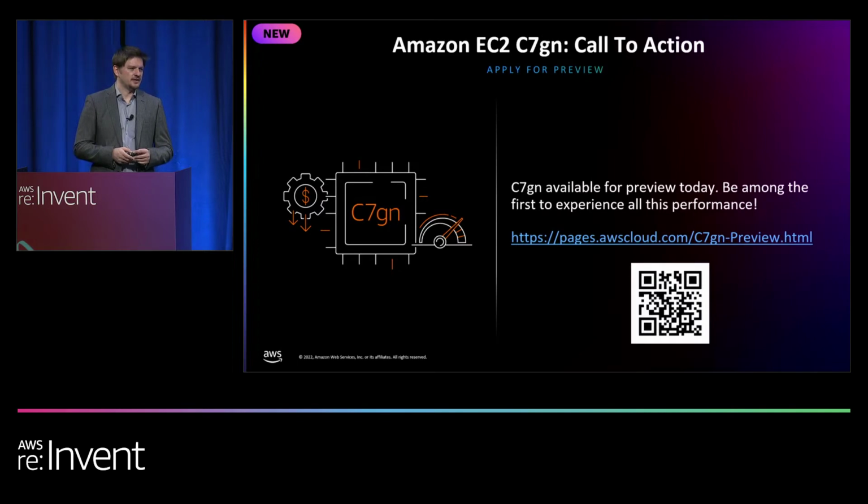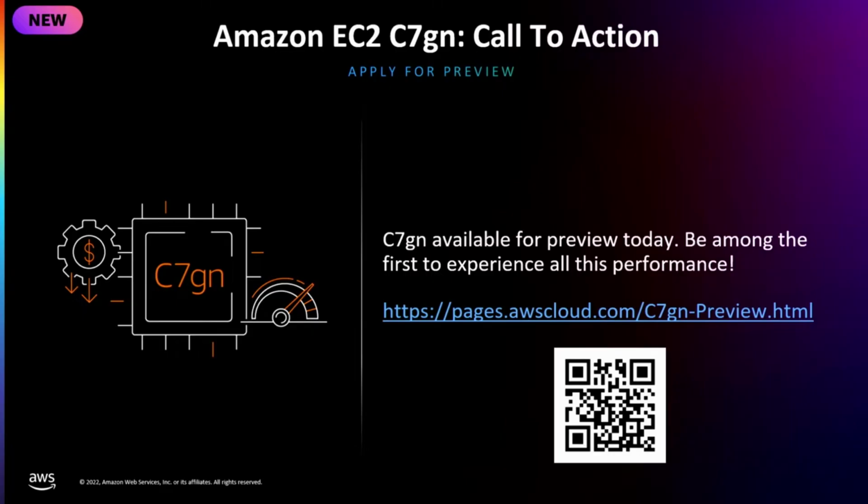The C7GN instances are available in preview, so we're looking forward to customers applying for the preview, testing out the new instances, and letting us know what you think. We're pretty excited about the full portfolio, both the Intel instances and the Graviton C7GN instances. I'll now pass it on to John to talk about other areas we're innovating in to scale performance on AWS.